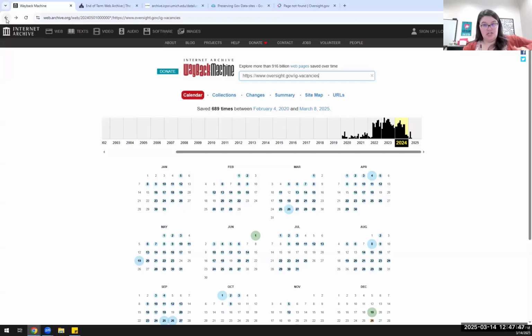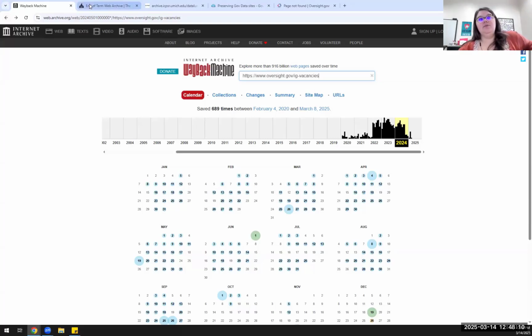A lot of those pages have changed. So using this to go back to a time is going to be a good idea. And this is also why I'm starting to suggest students include access dates in their bibliography so that we know when they looked at this. So you can try to go back to these pages as much as you can.